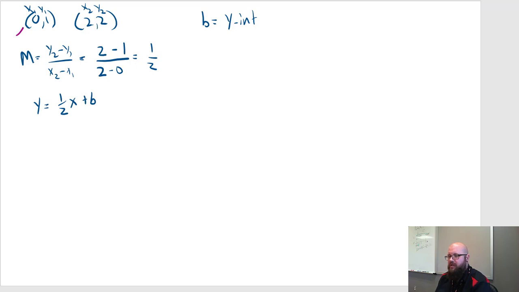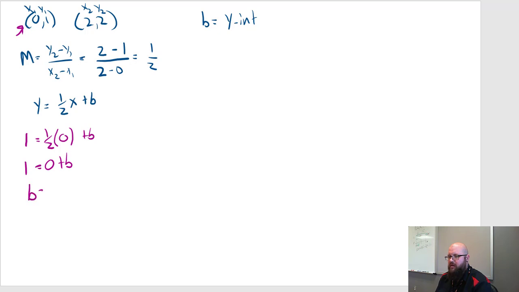So let's plug in this point right there, (0, 1). I like those low numbers. It makes math a lot easier. So our y value is 1 equals 1/2 times our x value, which is 0, plus b. That gives us 1 equals 1/2 times 0, which is 0, plus b.